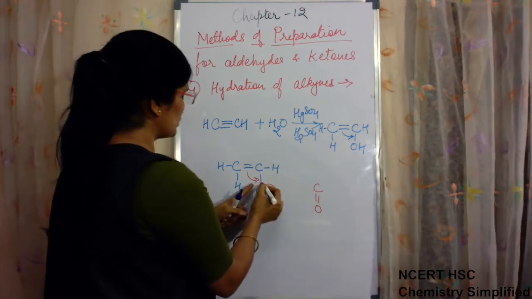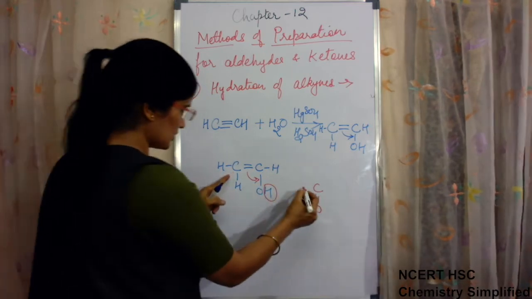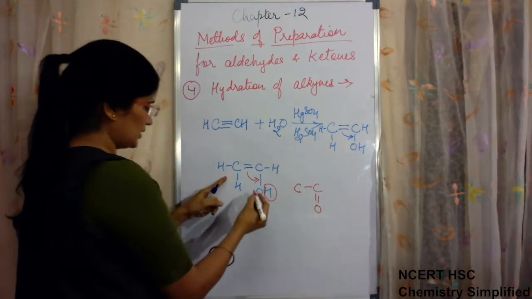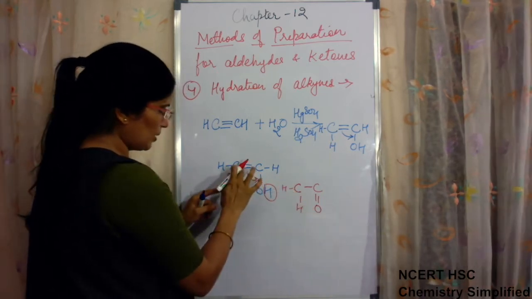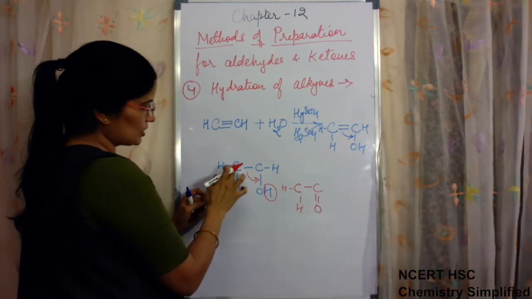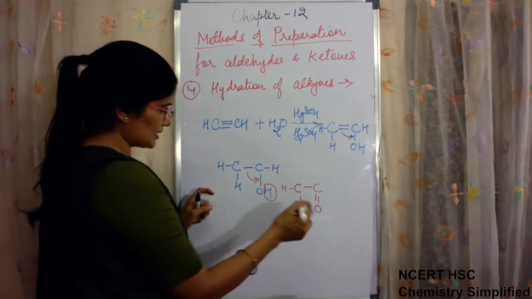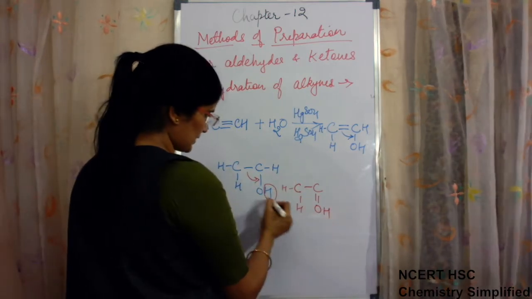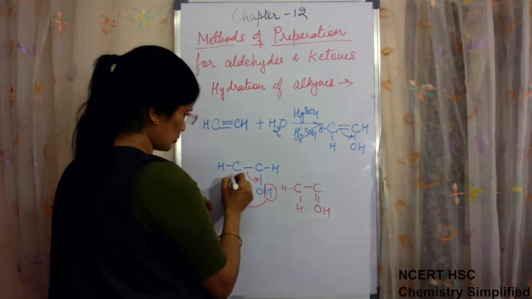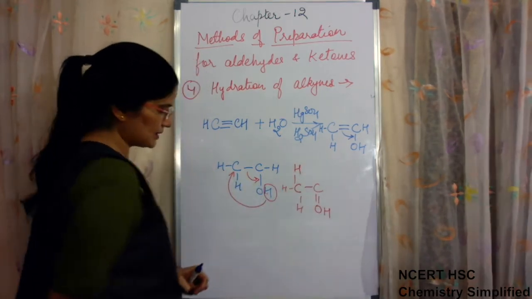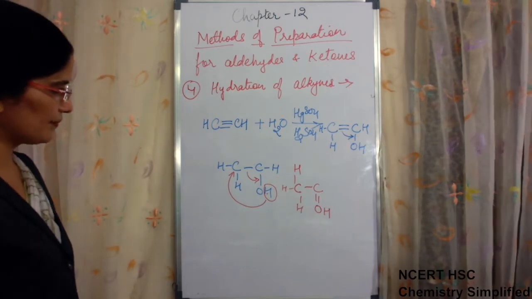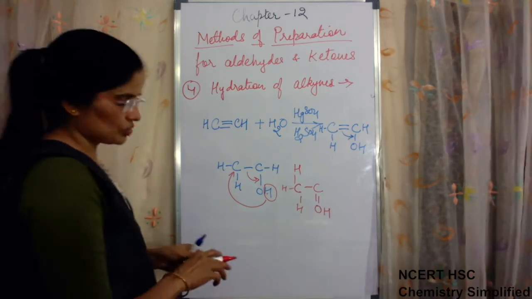When this bond has shifted here, the carbon attached on this side has one bond to H, one bond to H, and the double bond has shifted. So this carbon has one bond less. So the hydrogen present here will shift to this carbon, so that this carbon also has its 4 valency satisfied. Okay.